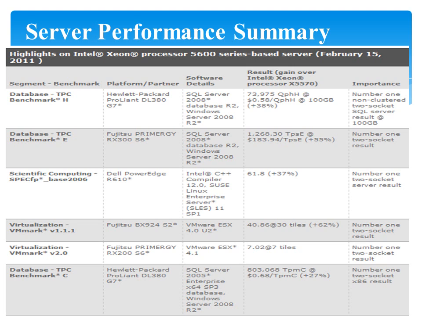Here the Intel Xeon X5570 processor is shown with the various server platforms. This is the most deployed server platform in the world. You can observe the results we have with the different platforms. If you use the database TPC benchmark platform, here it is the number one non-clustered two-socket SQL server.